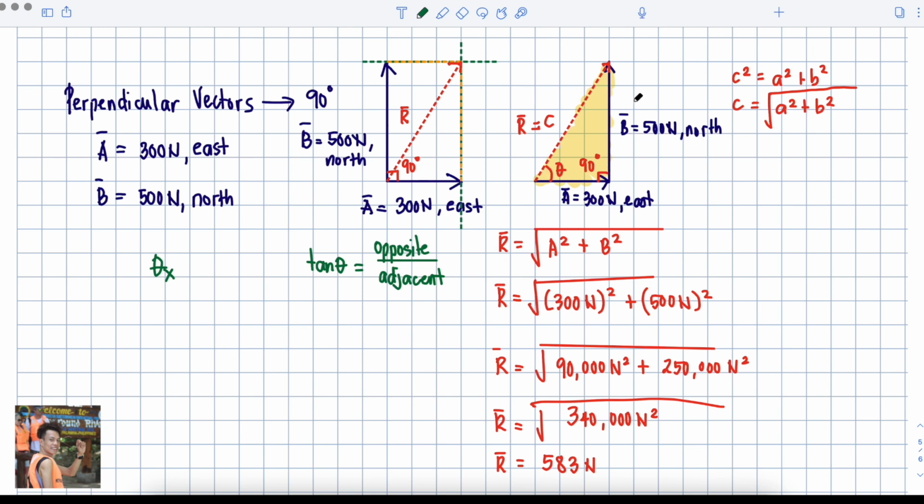So the opposite side is vector B, while the adjacent side is vector A. So we have tangent theta x is equal to the opposite side over the adjacent side, wherein tangent theta x is equal to the opposite side, 500 newtons, divided by 300 newtons, and we could cancel the unit newtons.